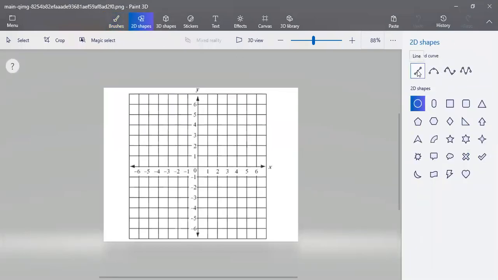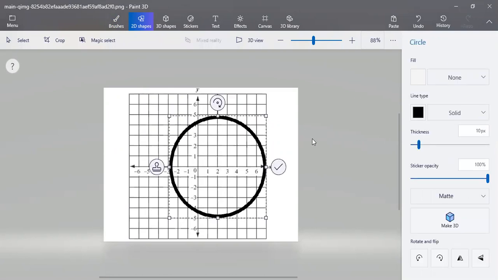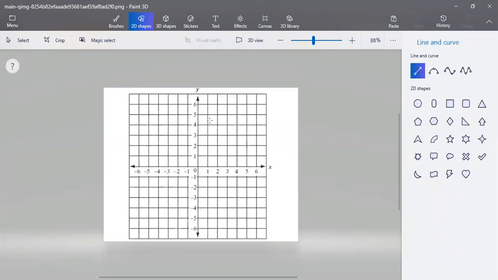So the question says x is greater than or equal to 2. This is the x-axis, so the x of 2 is here. Which means it's going to be a straight line, and that too a solid line.